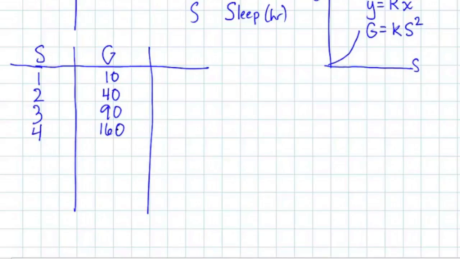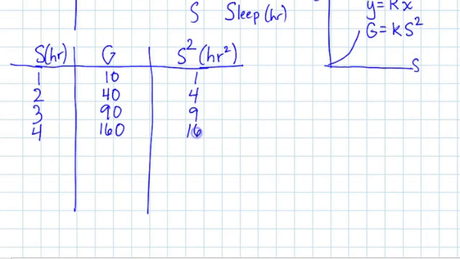So what I want to do is I actually want to square the hours of sleep. So instead of sleep in hours, I'll have sleep squared in hours squared. So that'd be 1 and 4 and 9 and 16.